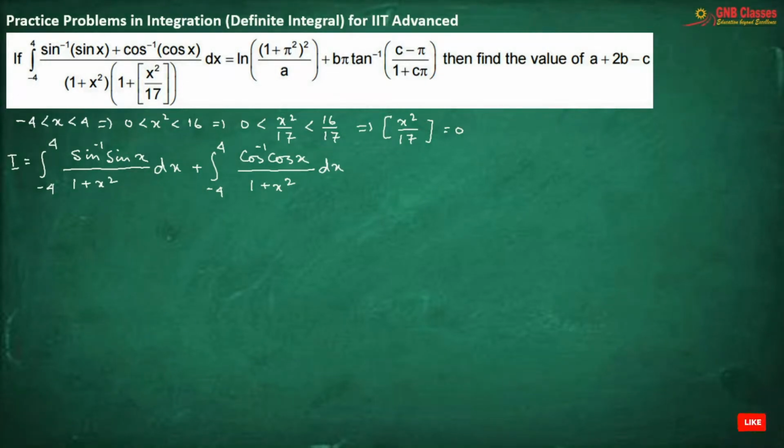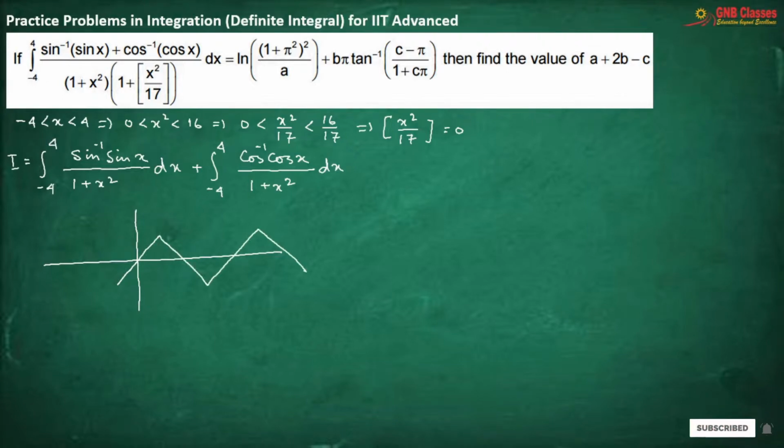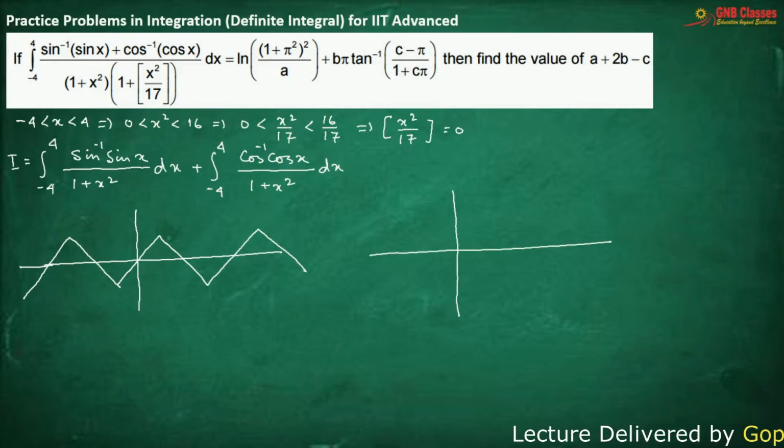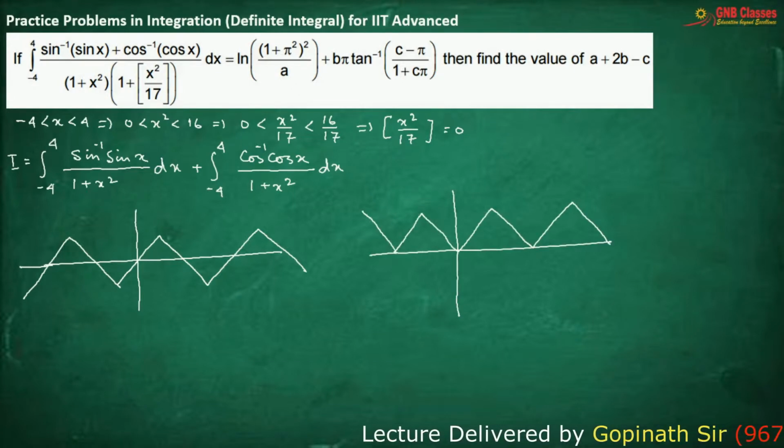Okay. Now we have to consider the graph of sin⁻¹(sin x). The graph of sin⁻¹(sin x) looks like this, yes or no? And the graph of cos⁻¹(cos x) looks like this. Is this clear?